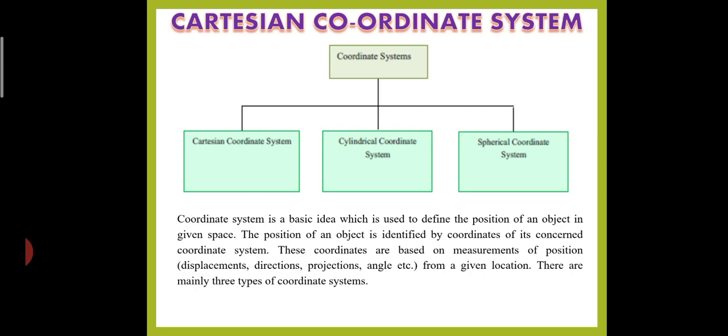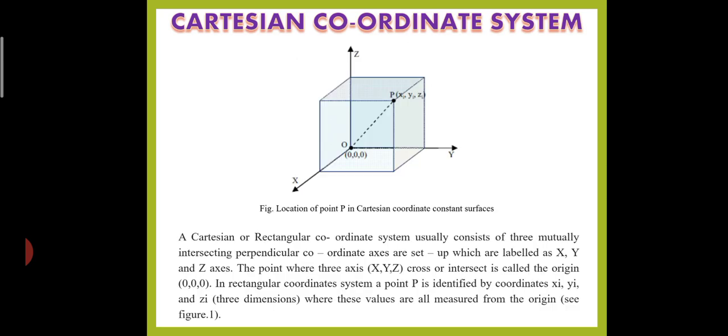In the rectangular coordinate system, a point P is identified by coordinates (x_i, y_i, z_i) in three dimensions, where these values are all measured from the origin. So this is the figure of the location of point P in Cartesian coordinates.